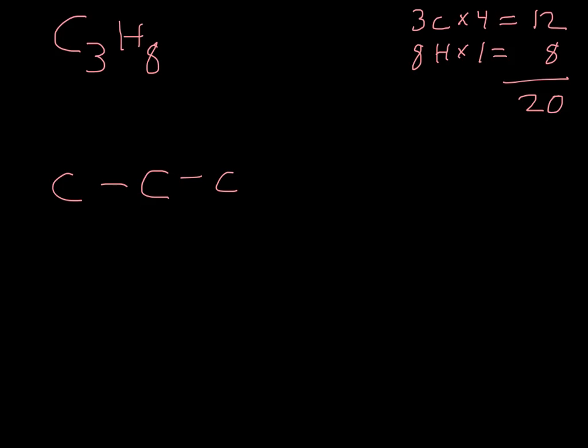Then I want to attach my hydrogens. Now, just in theory, let's say that we attached or tried attaching all 8 of our hydrogens to our carbon. If we do that, and I'm not even sure I've got 8 there, now I've got 8.